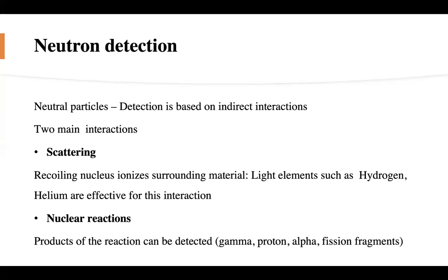And the recoiling nucleus ionizes surrounding materials. In a nuclear reaction, the neutron is absorbed. It will produce an excited nucleus, which then goes back to the ground state. The nucleus will produce alpha or fission fragments or gamma or proton. So in this case, we can detect gamma or alpha or proton.